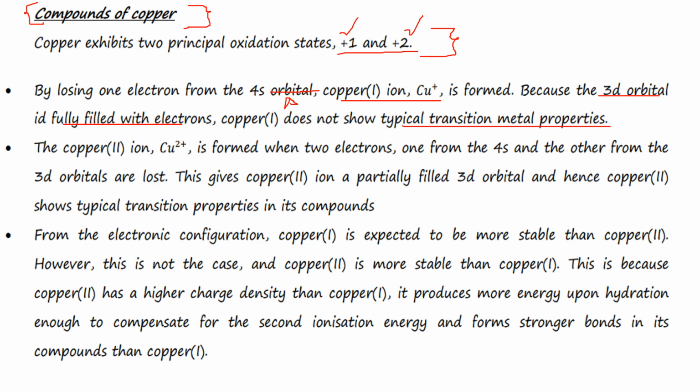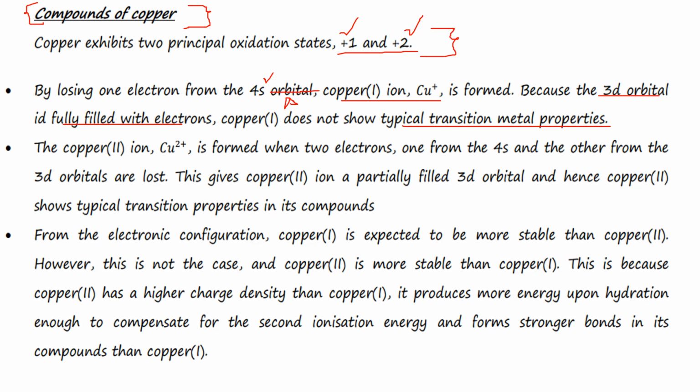After removing one electron from the 4s energy level, the 3d sub-energy level is left fully filled, so it does not show the chemical properties contained by transition metals.